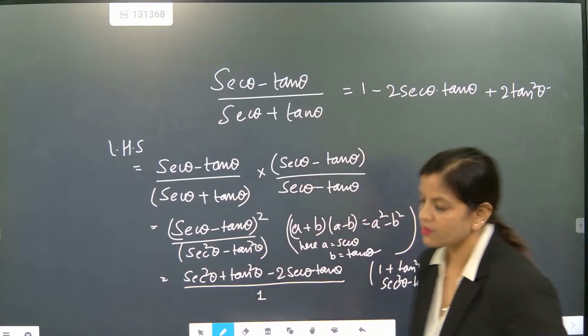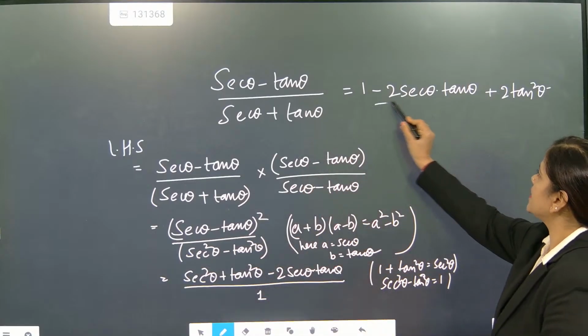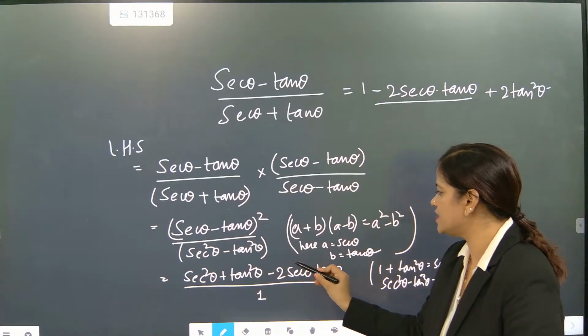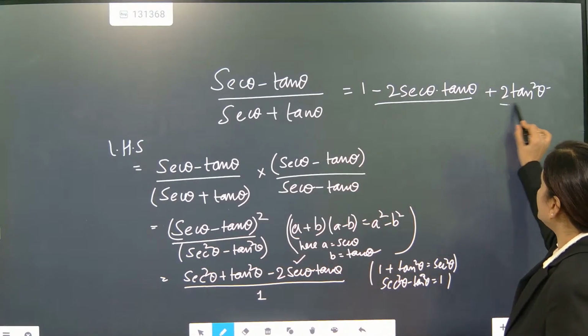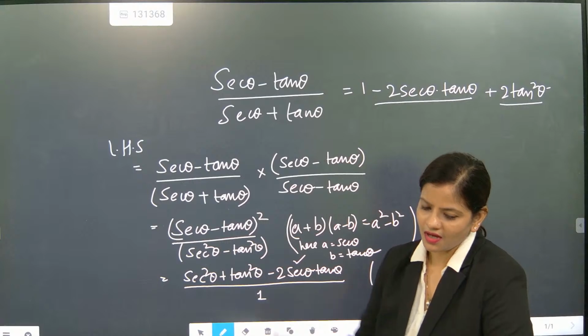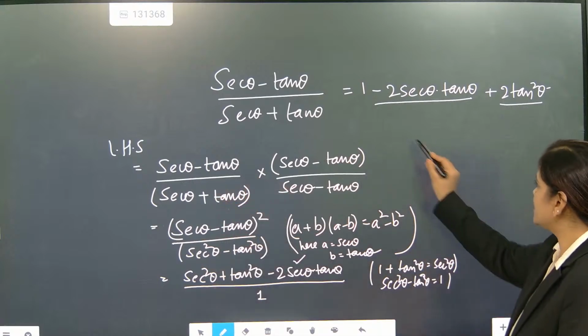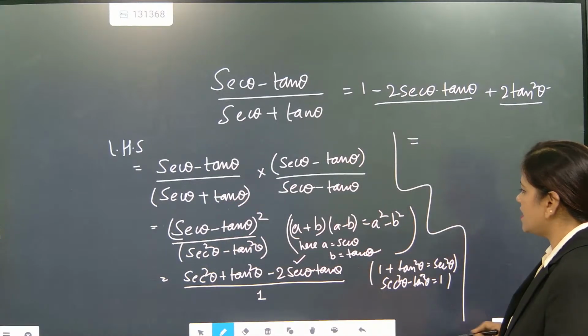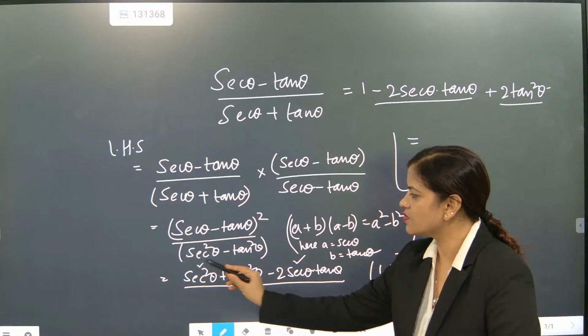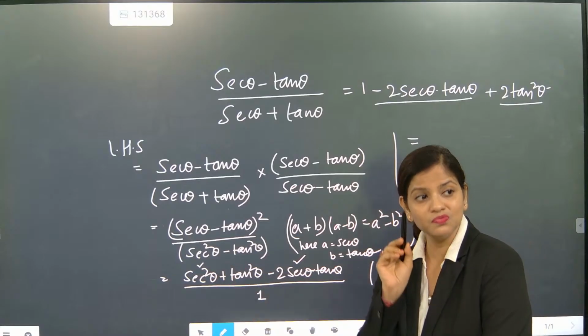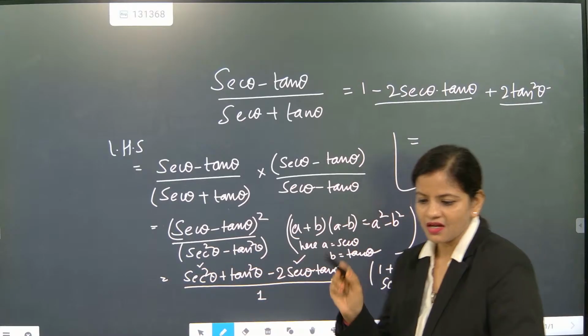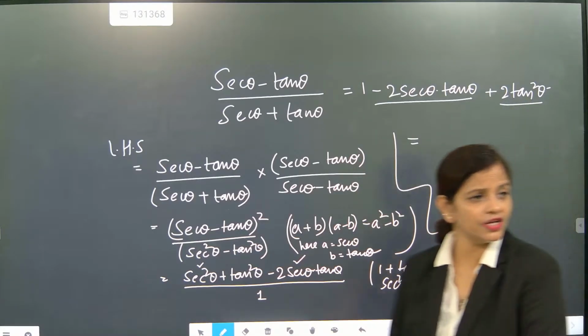So what work are we going to do? You see, minus 2 secant theta into tan theta, minus 2 secant theta into tan theta. But which is the criminal? 2 tan square theta. Again, one more time we will use the formula. So now look here, what we will write in the last step. Secant square theta is missing in the RHS. Check, in the RHS secant square theta is not at all there.